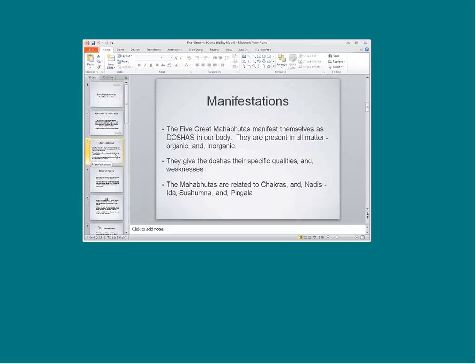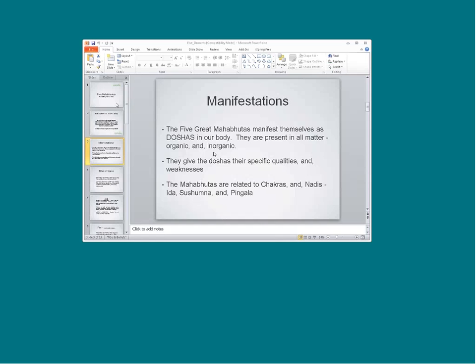So all of these 5 elements, which are components of creation, are also present. What is present in macrocosm is also present in microcosm, and they're manifested in our body. So this is a very important principle, and there are many concepts in Ayurvedic diagnosis and treatment that take this basic understanding of the 5 elements into account.